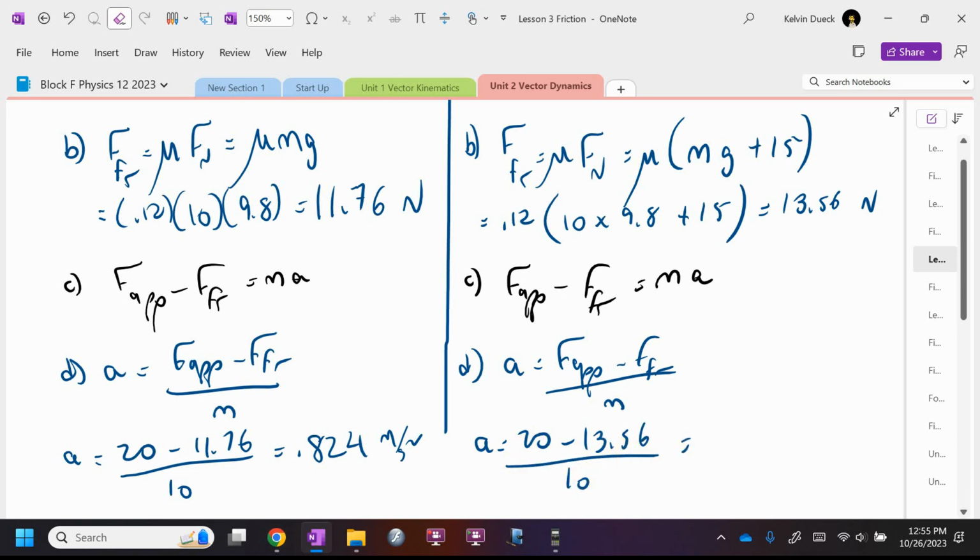You might be able to just backspace and edit on your calculator, changing the friction from the one version to the other. I can do this in my head. 20 take away 13 is 7, take away 0.56 is 6.44, so 0.644, I think. That's going to be meters per second squared.